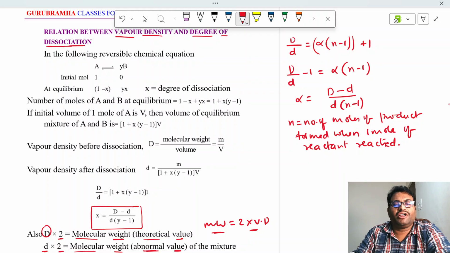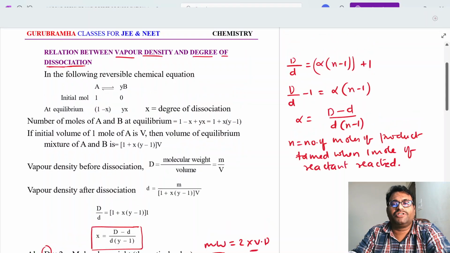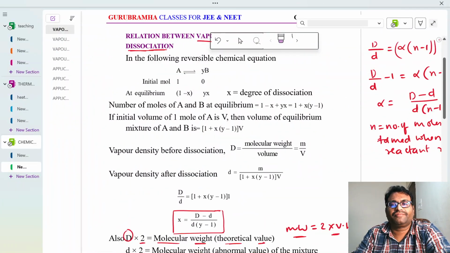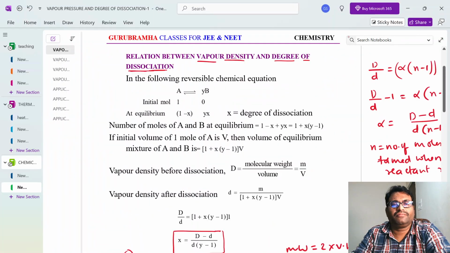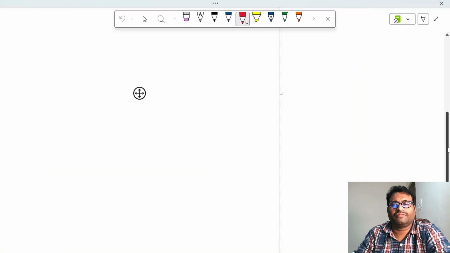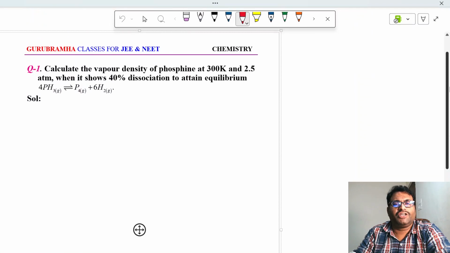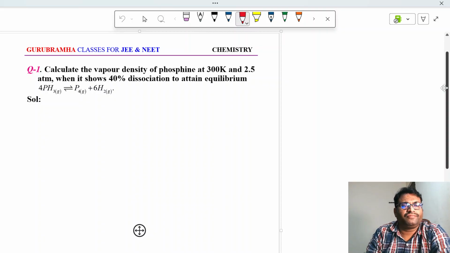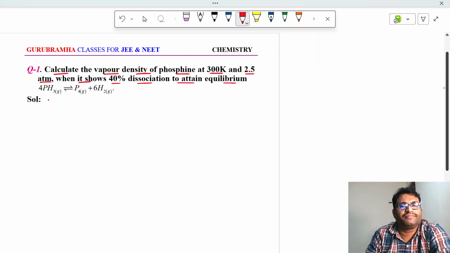So let us solve a problem on this. Here is the problem, you see. Calculate the vapor density of phosphine at 300 Kelvin and 2.5 atmosphere when it shows 40% dissociation to attain equilibrium.